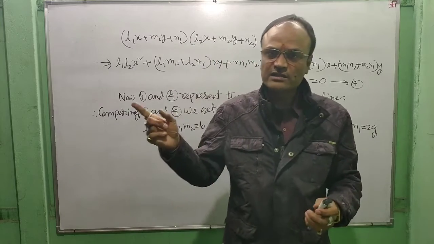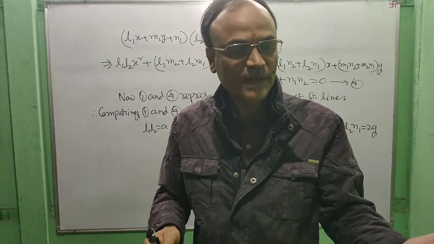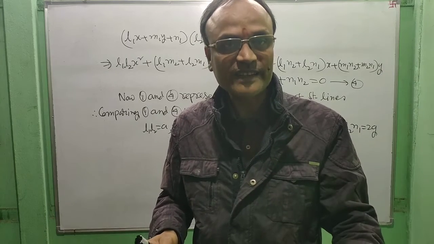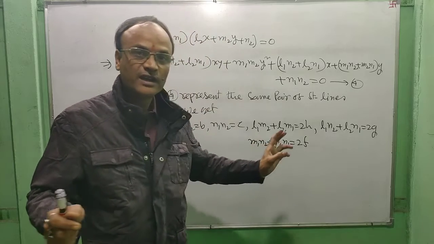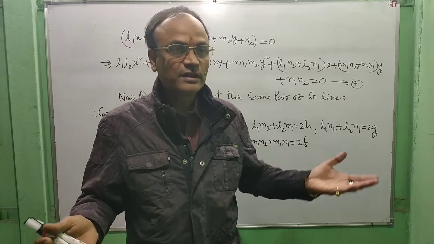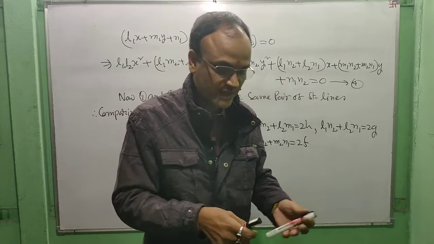Now, what is our question? The question is, the product of the perpendiculars drawn from the origin on the straight lines 2 and 3 is c divided by root over a minus b whole square plus 4h square.